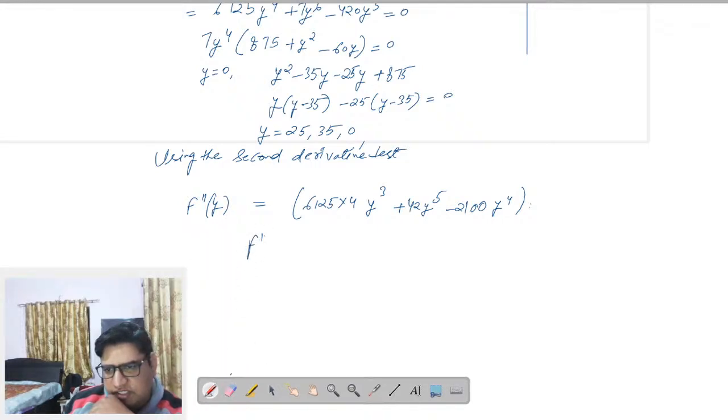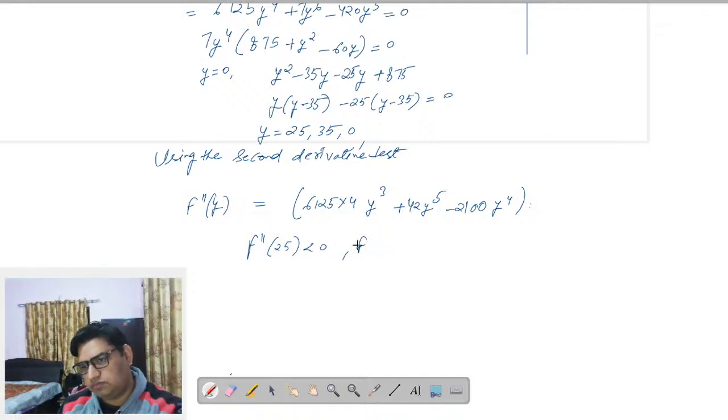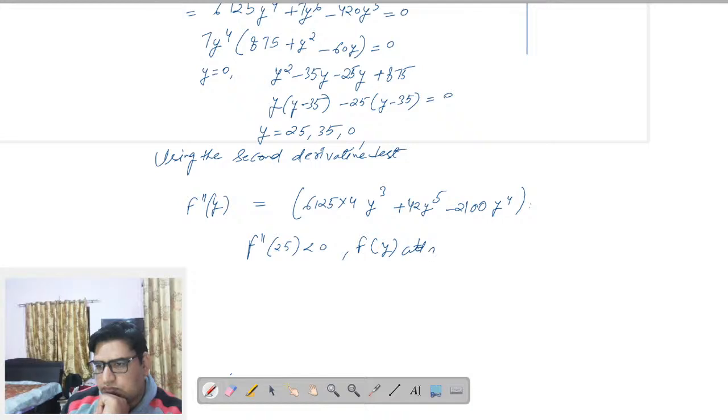So f double dash 25 comes out to be less than 0, so f attains the maximum value at y is equal to 25 and that is x is equal to 10.